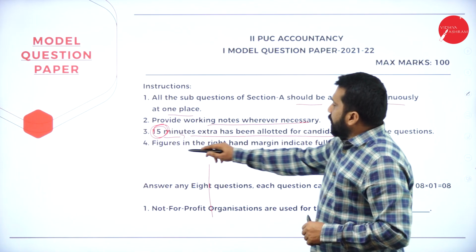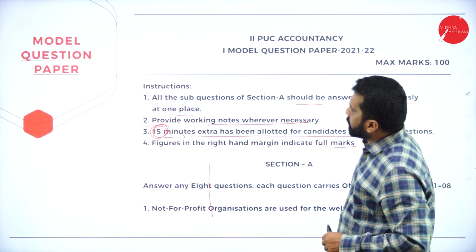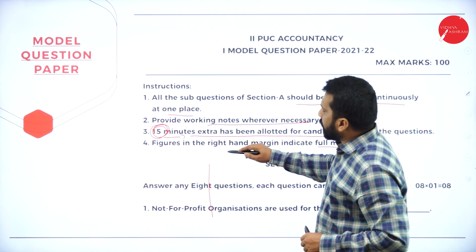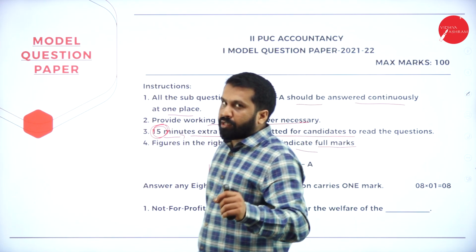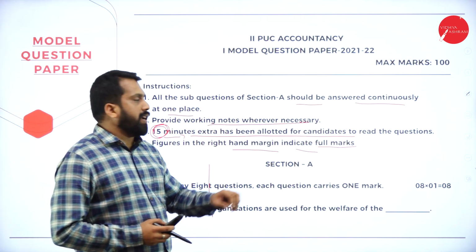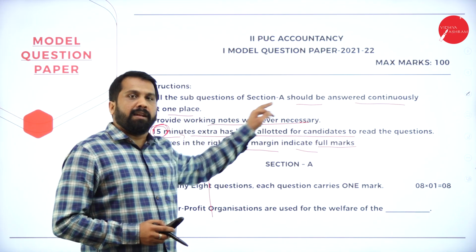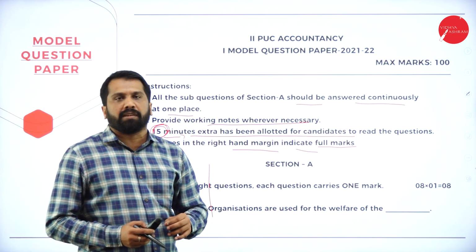Then, figures in the right hand margin indicate full marks. Your question numbers, please write them properly. Even though it is part of a question, write question 5 part A, question 5 part B, question 6. Please write your question numbers properly.